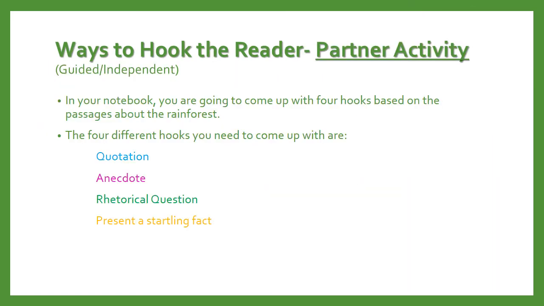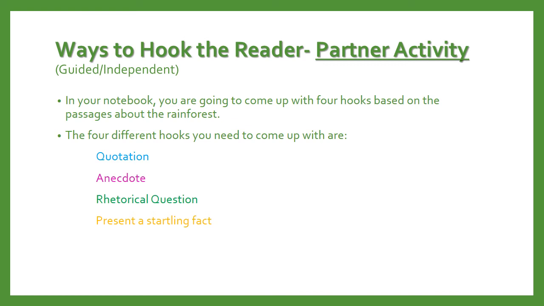What I would like you to do now is to go ahead and to turn in your notebook. Turn to the next blank page. And along with a partner, see at the top it says partner activity, along with a partner, I want you to come up with 4 hooks based on the passages about the rainforest. The 4 different hooks you need to come up with are a quotation, an anecdote, a rhetorical question, and present a startling fact.